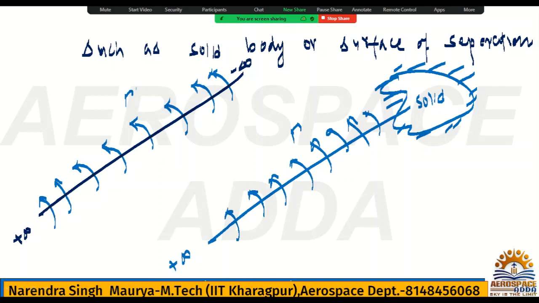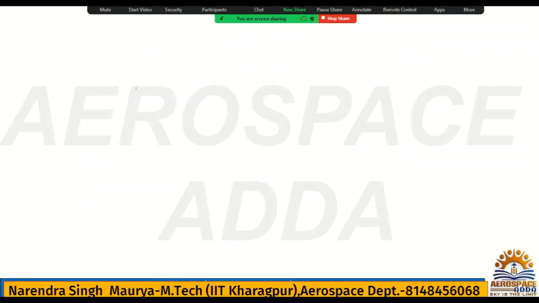Third and fourth basically demonstrate respectively that a vortex tube consists of the same particles of fluid. There is no fluid interchange between the tube and surroundings, so it is just like a mass conservation. Okay, so let me write this also.